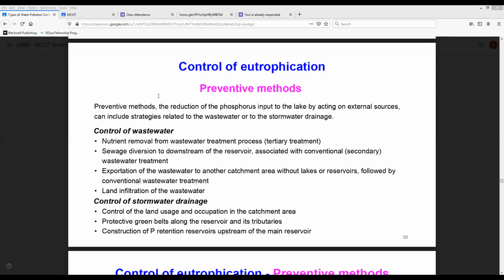And then the control of the stormwater drainage. Usually the first one is control of land usage and occupation in the catchment area. Okay, and then the preventive green belt along the reservoir. Construction of the phosphate retention reservoir upstream of the main reservoir. Okay, next please.